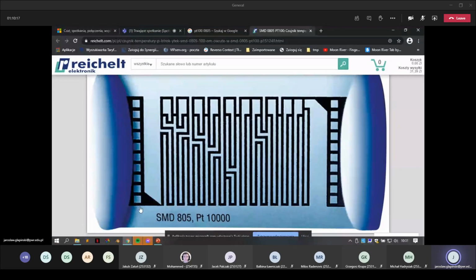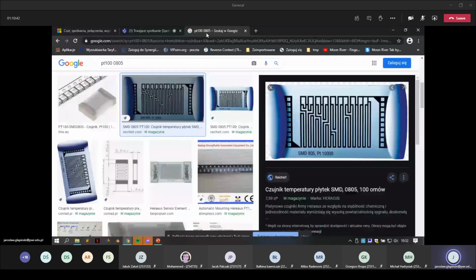If you can see, it is a very, very small case, because it is SMD 8.5, so it generally is 3-5 millimeters long. So we can produce a PT sensor also as a small device, but generally they are larger.